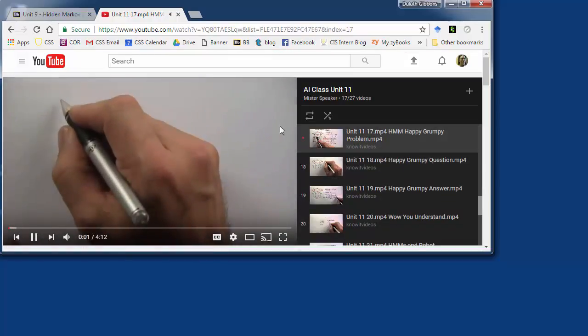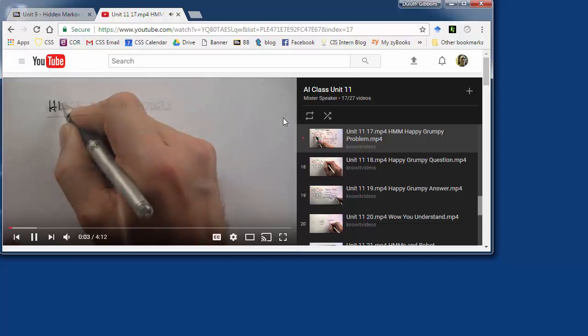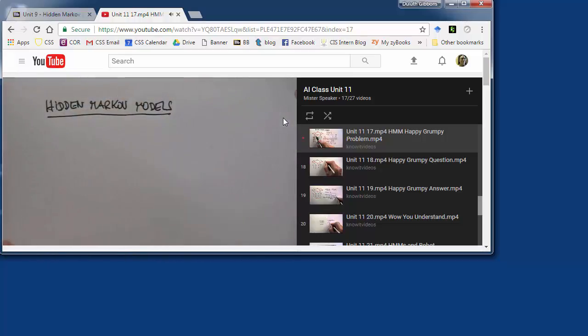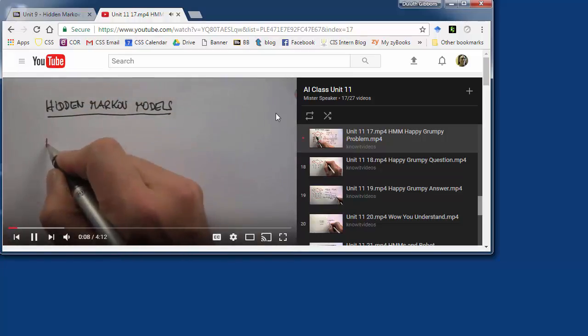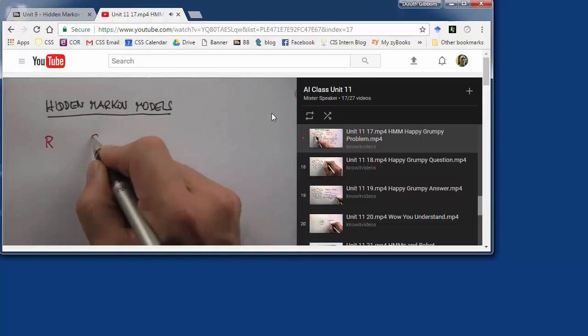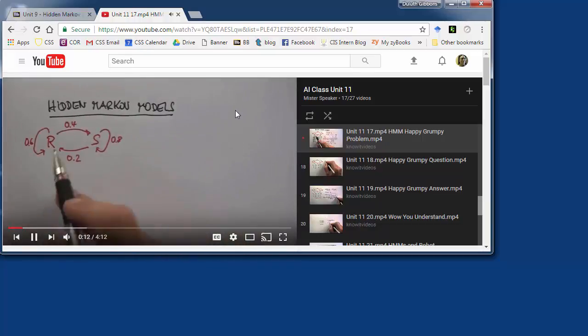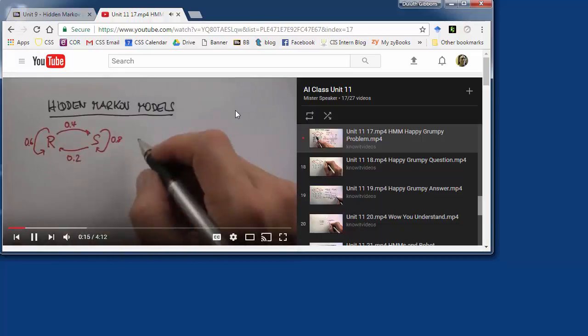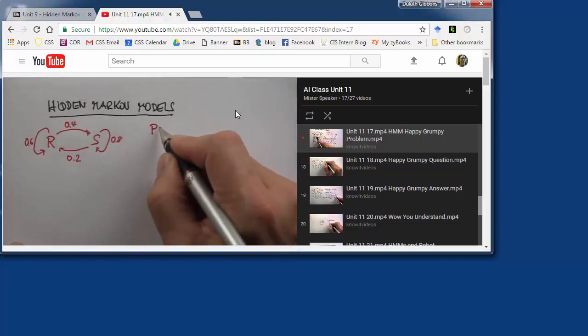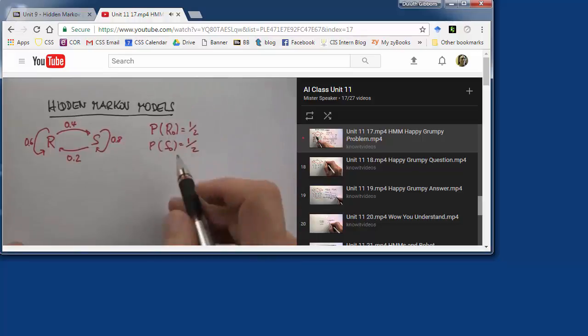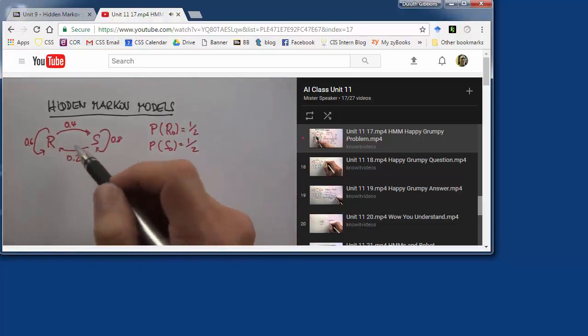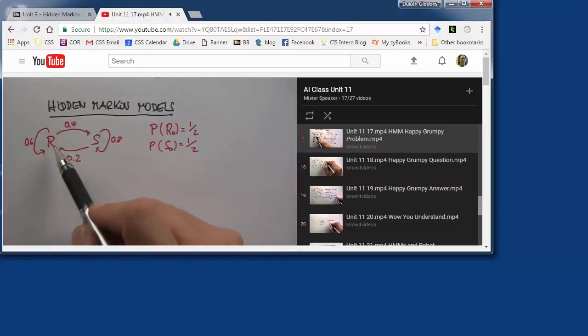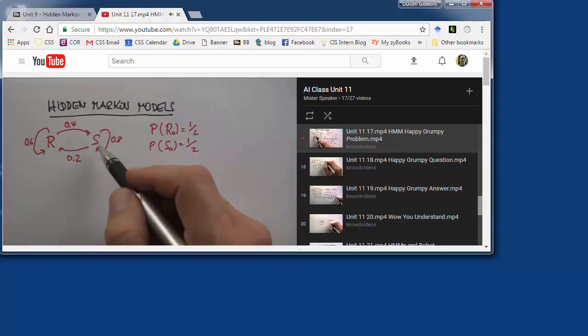So now let's return to hidden Markov models, and those are really the subject of this class. Let's again use the rainy and sunny example just to keep it simple. So these are the transition probabilities as before. And let's assume for now that the initial probability of rain is 0.5. Hence the probability of sun at time 0 is 0.5. The key modification to go to hidden Markov model is that this state is actually hidden. I cannot see whether it's raining or it's sunny. Instead, I get to observe something else.